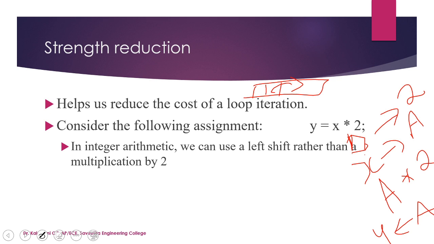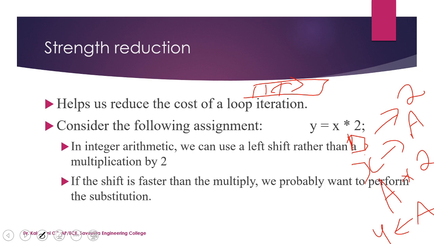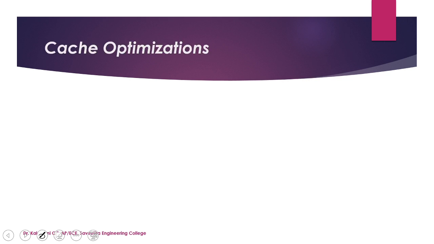So this comes under the programmer's efficiency or understanding about writing the code and how to reduce the execution time. After writing the program, a team must check whether this multiplication command can be replaced by a shift operator. So y is equal to x into 2, multiplication is replaced by a left shift. As I told, shifting is faster than multiplication.